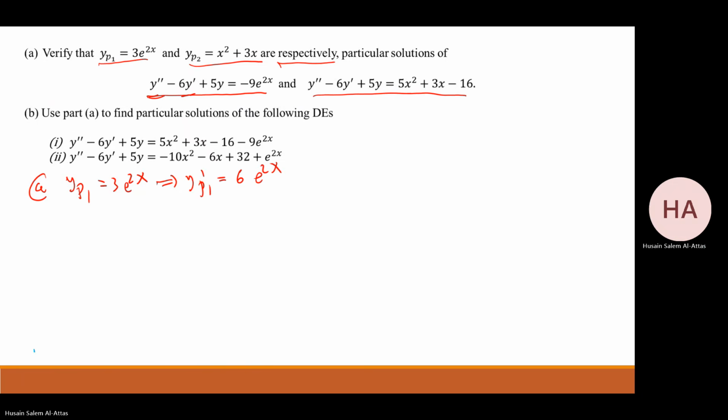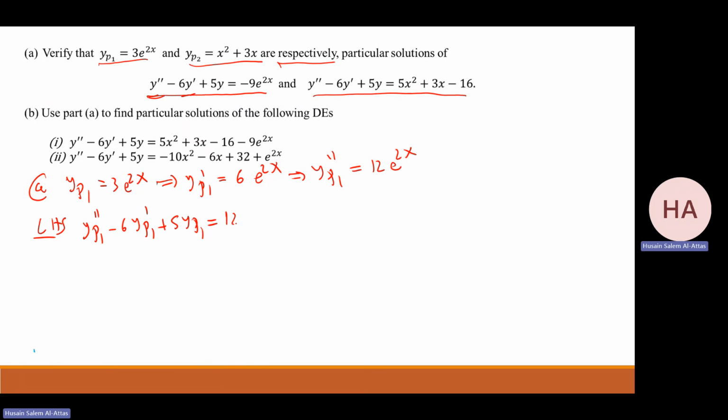6e to x. What is yp1 double prime? That will be 12e to x. So now the left-hand side, which is yp1 double prime minus 6 yp1 prime plus 5 yp1, will be 12e to x minus 6 times 6, which is minus 36e to x, plus 5 times 3, which is 15e to x.